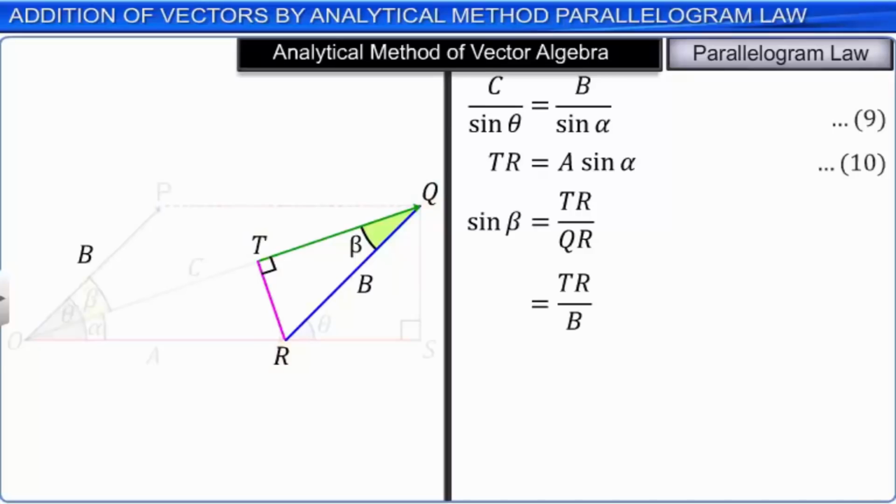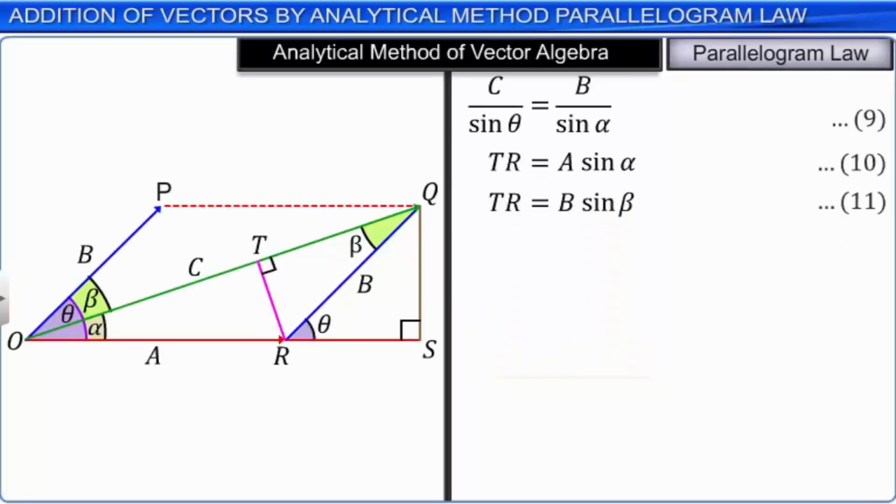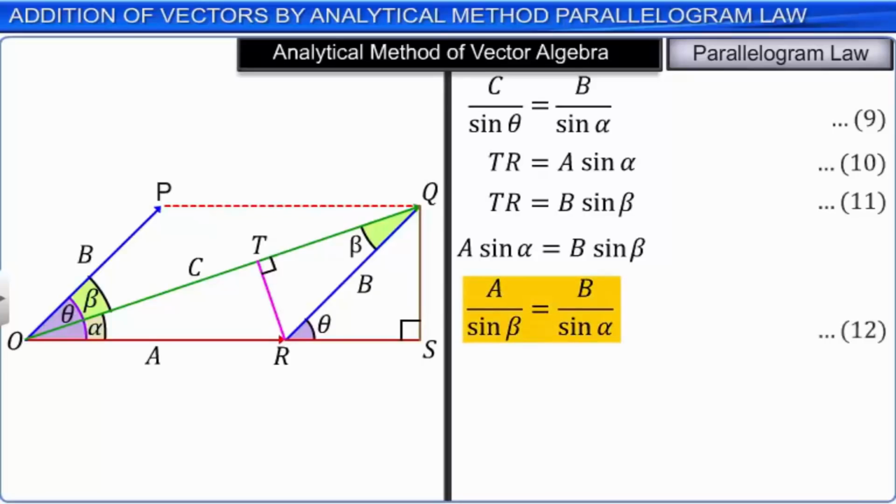Let this be equation 11. Equating 10 and 11, A sine alpha is equal to B sine beta. A by sine beta is equal to B by sine alpha. Let this be equation 12. From equations 9 and 12, we can write A by sine beta is equal to B by sine alpha is equal to C by sine theta. Let this be equation 13.